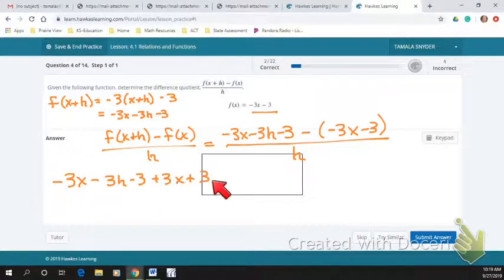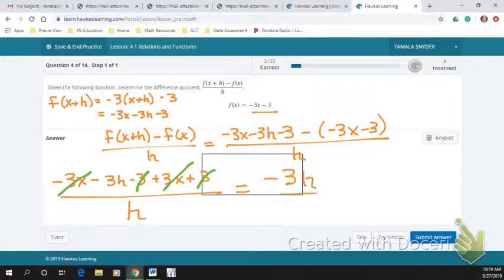So a positive 3x and a positive 3, and that's all over h. Okay, now what cancels? 3x and 3. Those cancel, and I'm left with negative 3h over h, and then the h's cancel, and I end up with negative 3. So all that, and my final answer is negative 3.